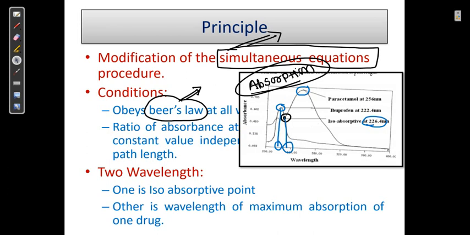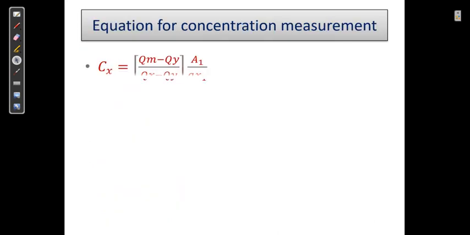So if you are getting isoabsorbance in your drug combination, of individual APIs, then you can apply this method also. The equation for concentration measurement: Cx, where x is ibuprofen. We have Qm and A1, which we take from the UV absorbance at wavelength 1. Ax1 data is also given to us.